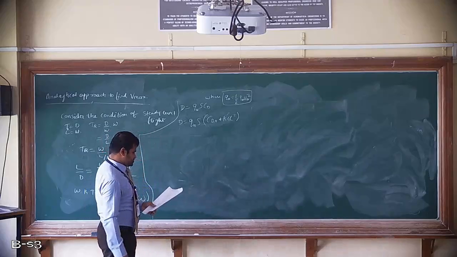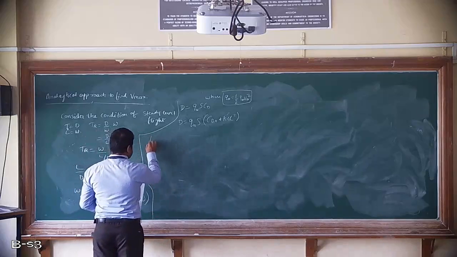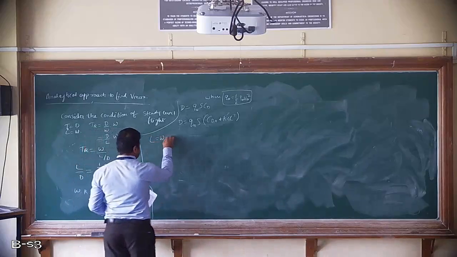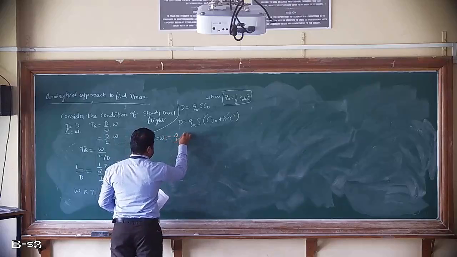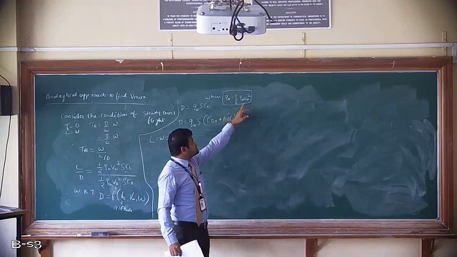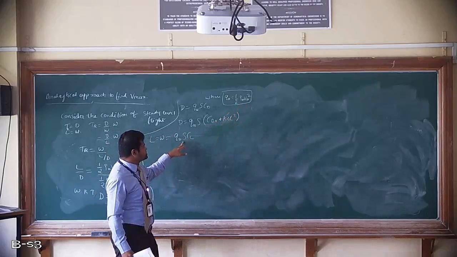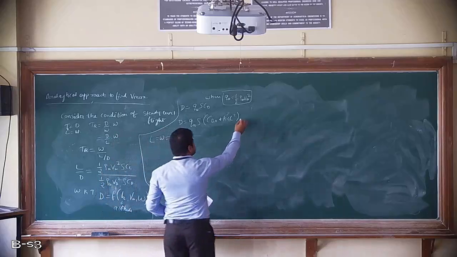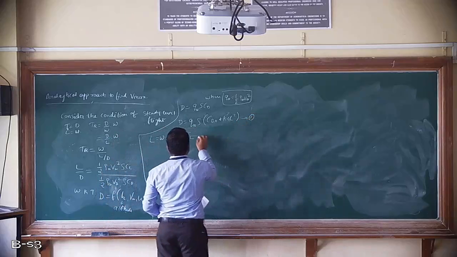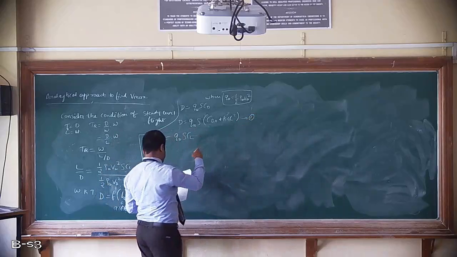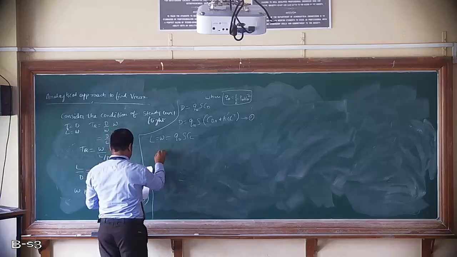Fine. So now we know that L equals W. Yes or no? So now this can be written as Q infinity S CL, because half rho infinity V infinity square is nothing but our Q infinity. We call this equation 1 and this equation number 2. Before that, I'll simplify this. We'll find out what CL is.